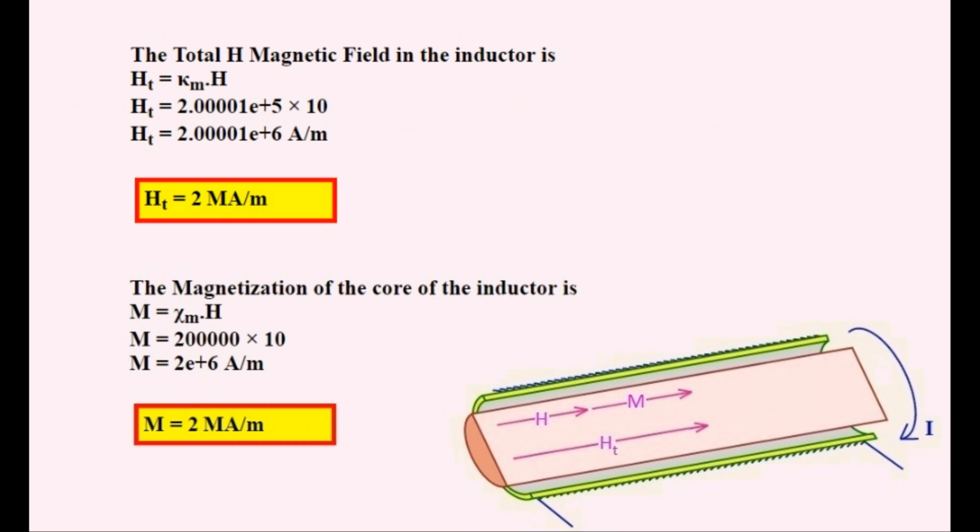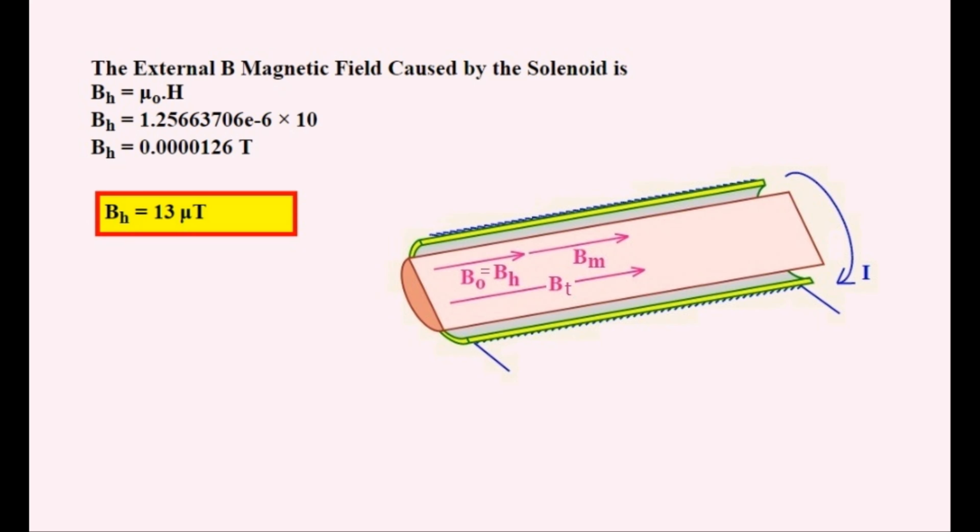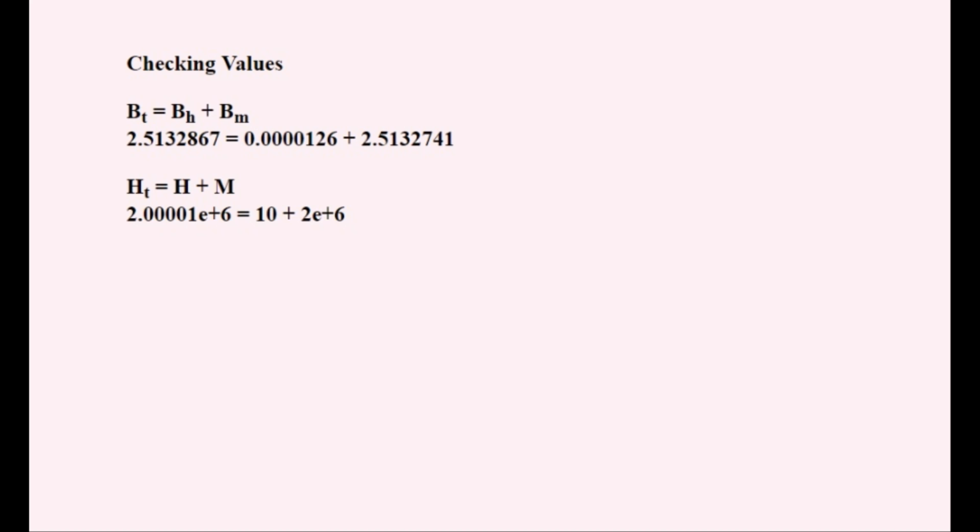Here are the values of the other H quantities, called HT and M. Here are the corresponding values of the magnetic B fields. Here is the external magnetic B field. And here is a quick check of the values to see whether they are correct or not.